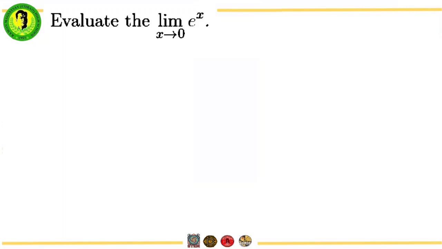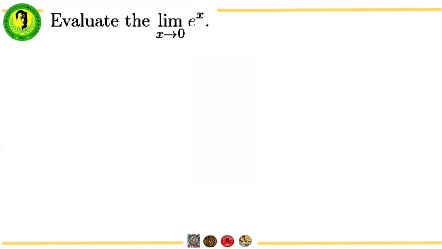Let's have the first example: evaluate and investigate the limit of e raised to x as x approaches 0. I will give you 1 minute to think about what the limit will be. You can pause the video. Okay, so what is your answer after evaluating?